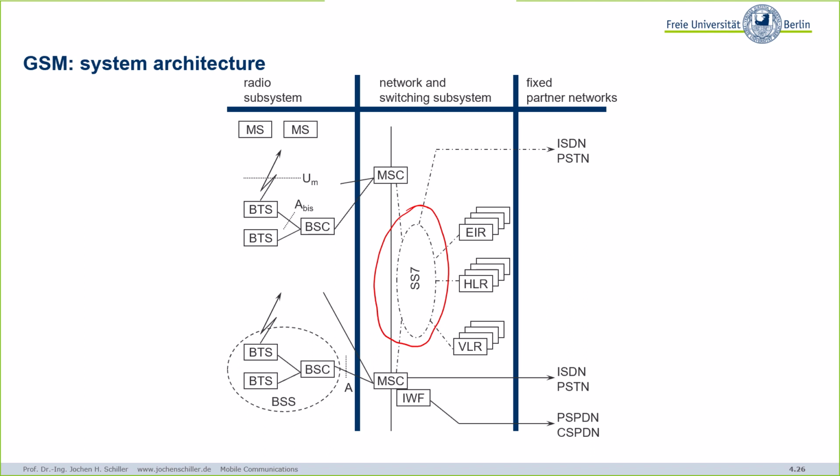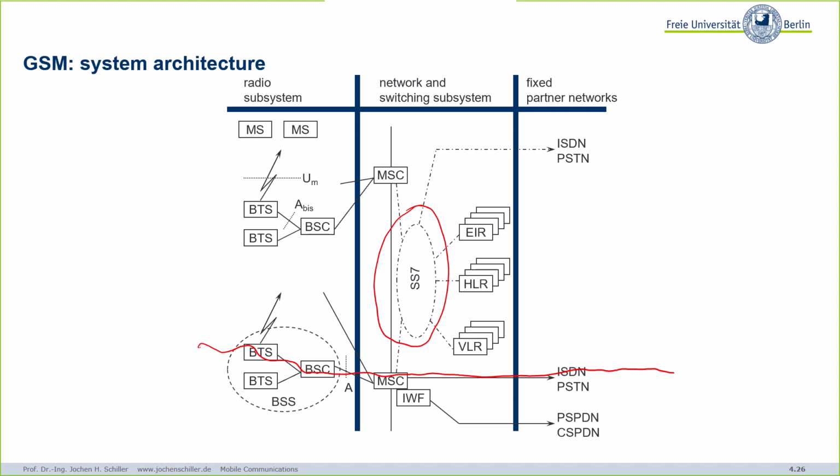So the traffic flow goes from the mobile via a MSC to the network, but the signaling system is a signaling system introduced for digital fixed networks, and that's kind of a vulnerable system. So as soon as you have access to the signaling system, you can do some crazy things in the network. Okay, so that was the core of the GSM network.